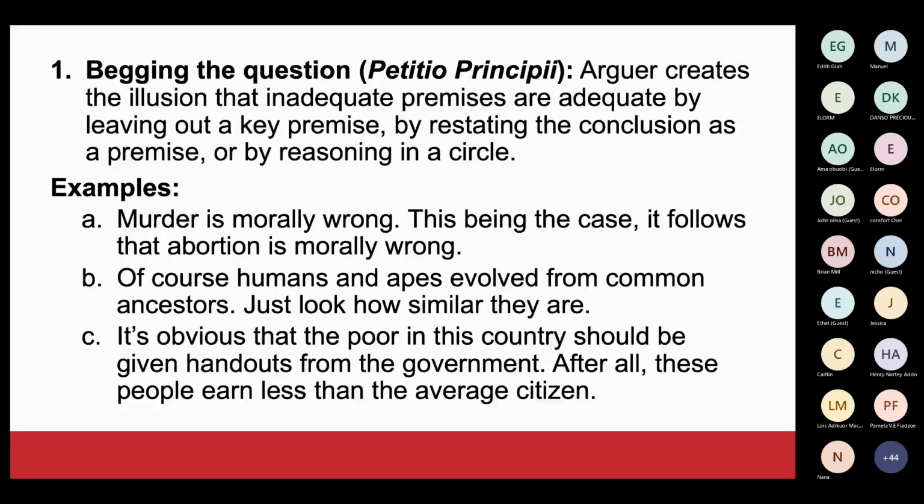Okay. So in the begging the question fallacy, which is also called in Latin petitio principii, the arguer creates the illusion that inadequate premises are adequate by leaving out a key premise, by restating the conclusion as a premise, or by reasoning in a circle, which we have looked at.